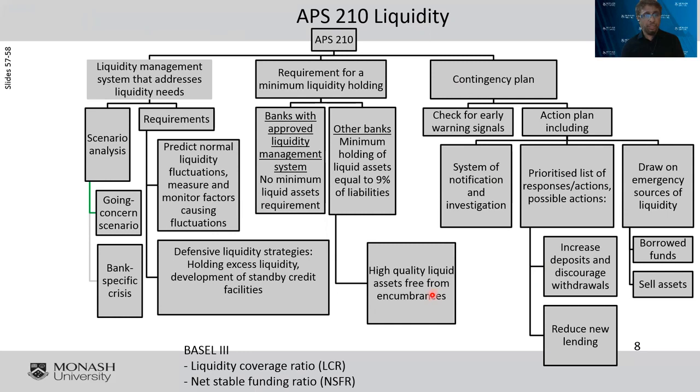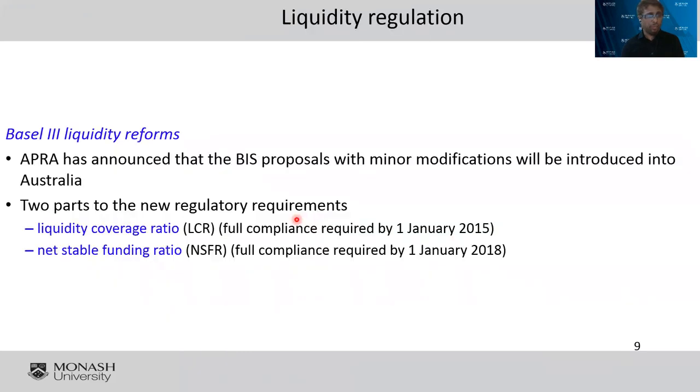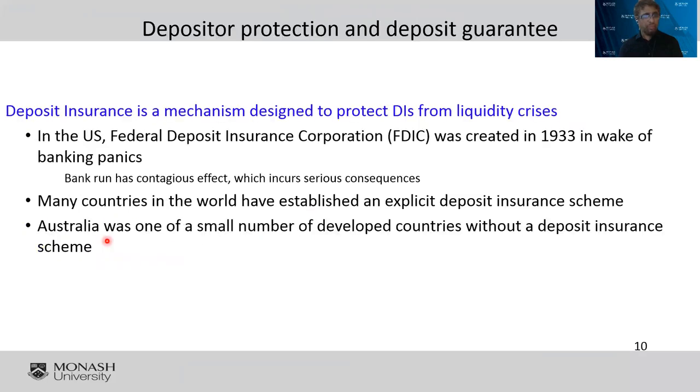This is ABS 210. This is all I want you to know from here. Basel liquidity has two ratios, liquidity coverage ratio and net stable funding ratio. This is a long calculation, but I just want you to know it from its name, as information that Basel, which is the international regulator, also has its own liquidity requirements.